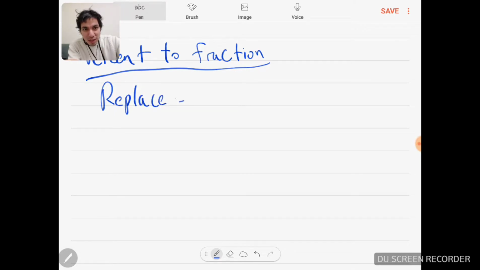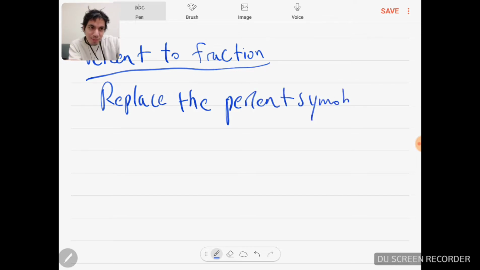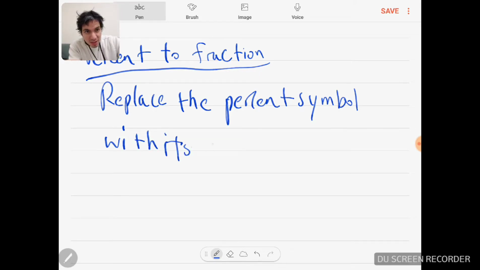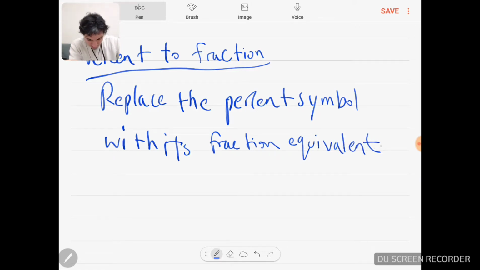You need to replace, again, the percent symbol with its fraction equivalent, which is 1 over 100.